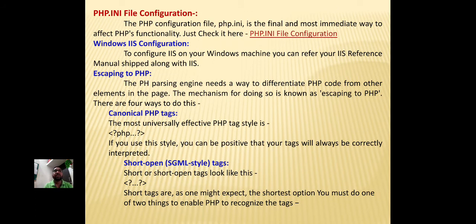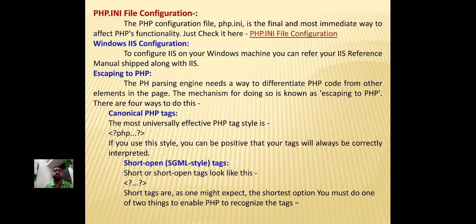The PHP configuration file php.ini is the final and most immediate way to affect PHP's functionality, just like it here. Windows IIS configuration. To configure IIS on your Windows machine, you can refer to your IIS reference manual that comes along with IIS.